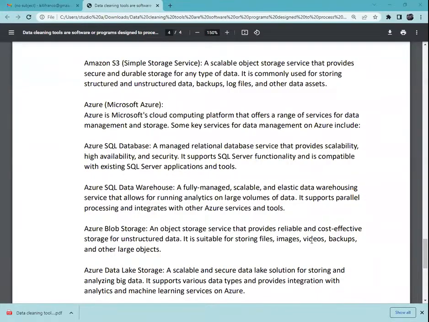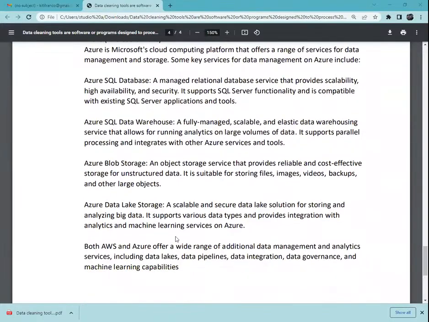But of course, ours is Amazon, the AWS. But I like this Blob thing for unstructured data, where you can come and dump files, images, videos, backups, and other large objects. Then we have Azure Data Lake Storage. Data Lake, a scalable and secure data lake solution for storing and analyzing big data.